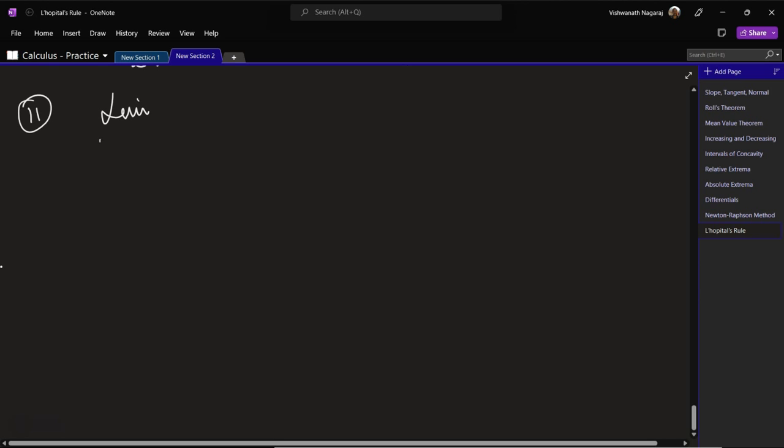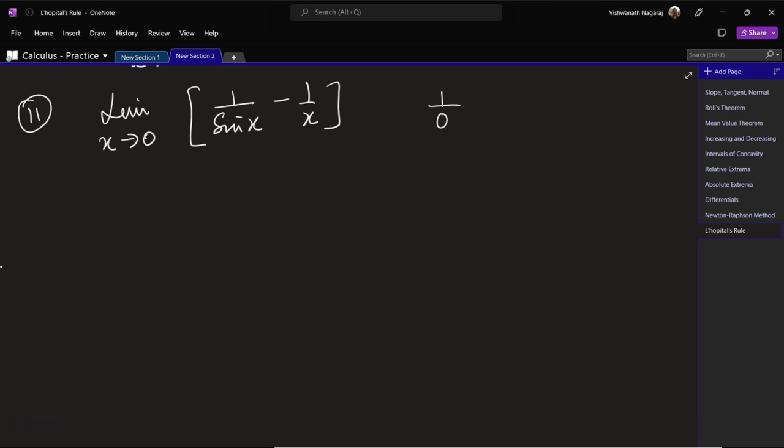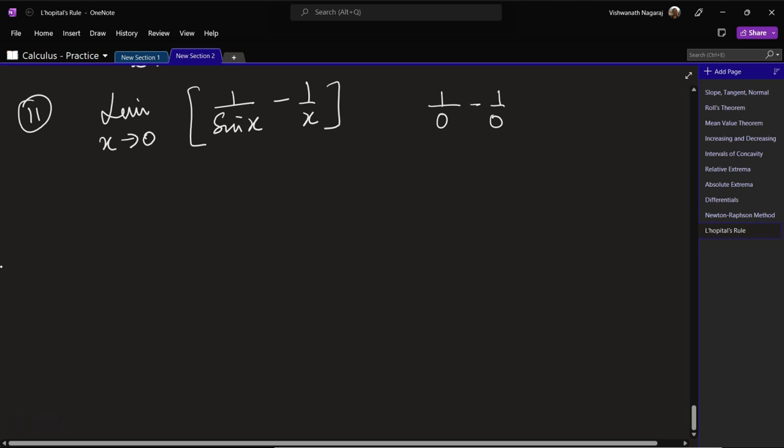Limit as x approaches 0 of 1 by sine x minus 1 by x. Again, direct substitution, what do we get? 1 by sine 0 is 0 minus 1 by 0, which is nothing but infinity minus infinity. So it's an indeterminate form.